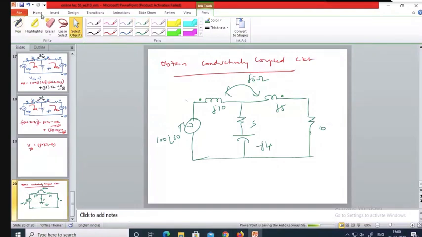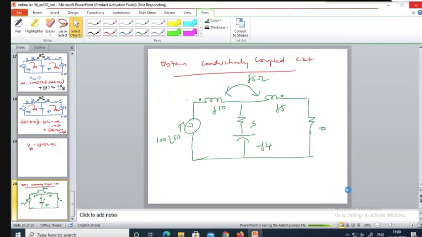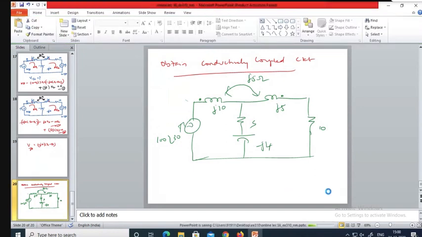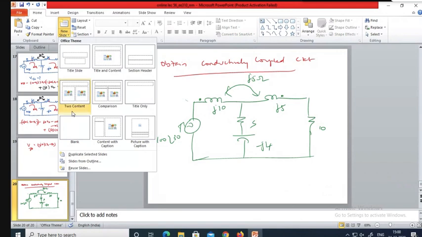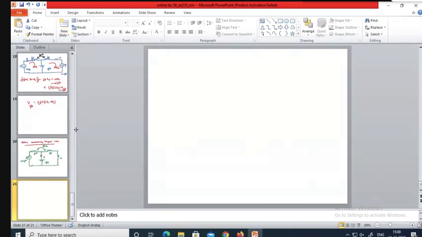So you will have to write a circuit like this.